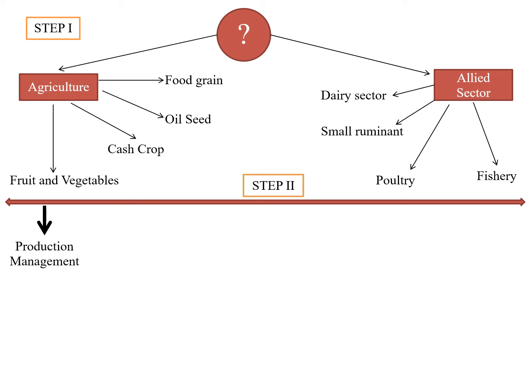One is production management or the production sector. In production management, normally these days, the cost of production, resource use efficiency, total factor productivity, time and motion study, and total quality management are the types of research you can choose.